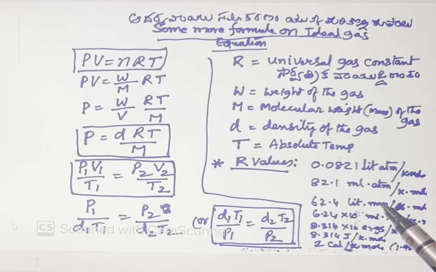For liter and millimeter of mercury, it is 62.4, that is 62.4 times 10 to the power 3 in milliliter units.